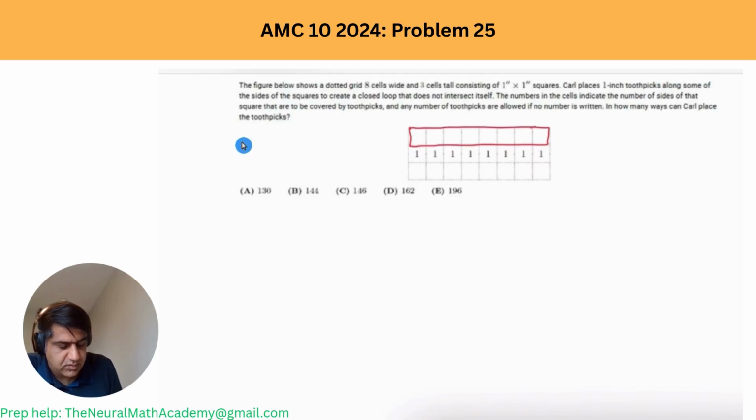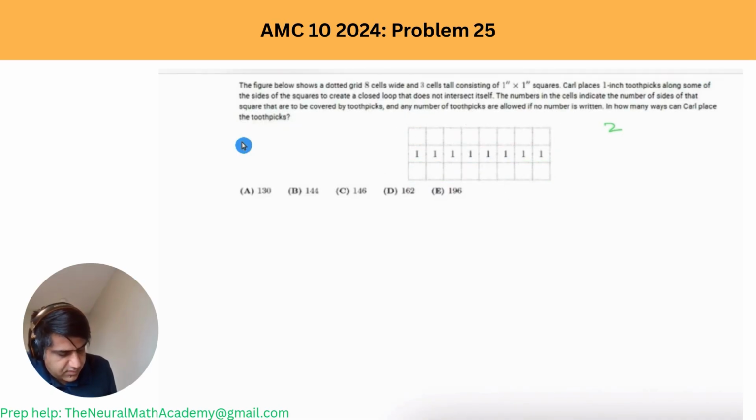So this is our one case, right? And in the same way, we can have another case, in this case, right? So we now have two cases already identified. Now let's see what happens when we go through the center.